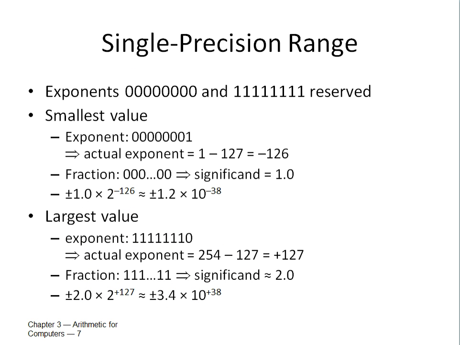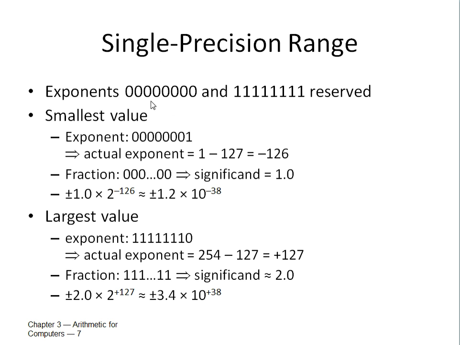Now the first thing we want to do is take a look at what the range is. The range is going to say, essentially, the big and small numbers you can deal with. So that's dealing with the exponents. Now, amongst our exponent codes, this is for single precision, so we have our 8 bits.